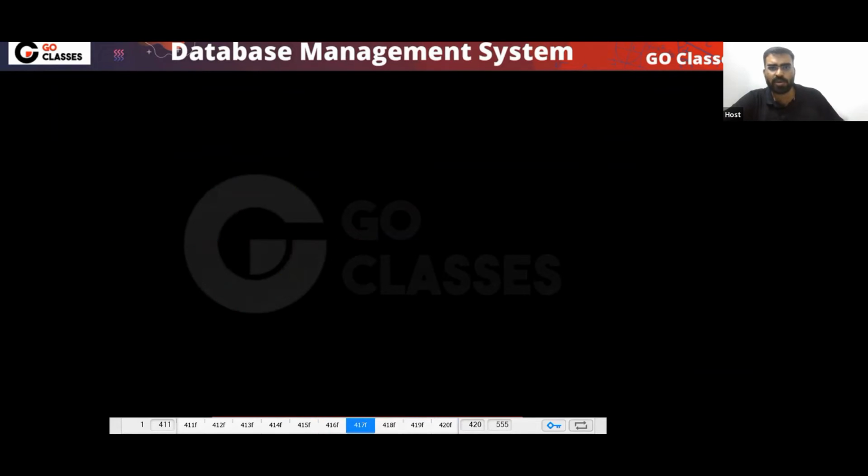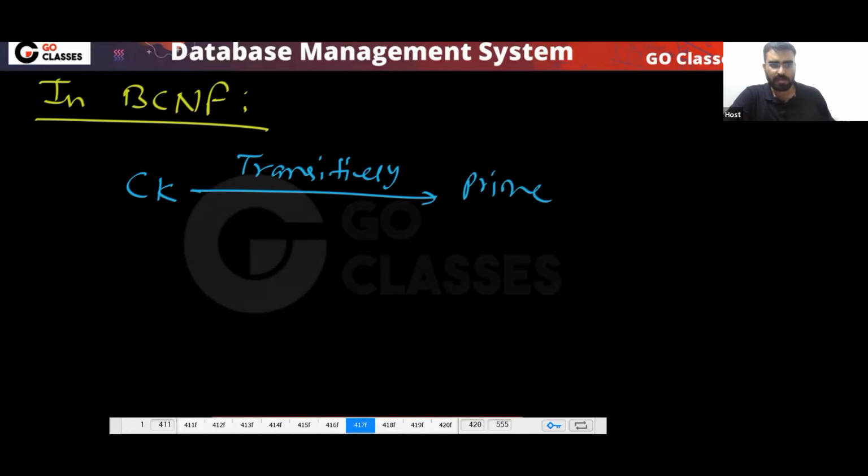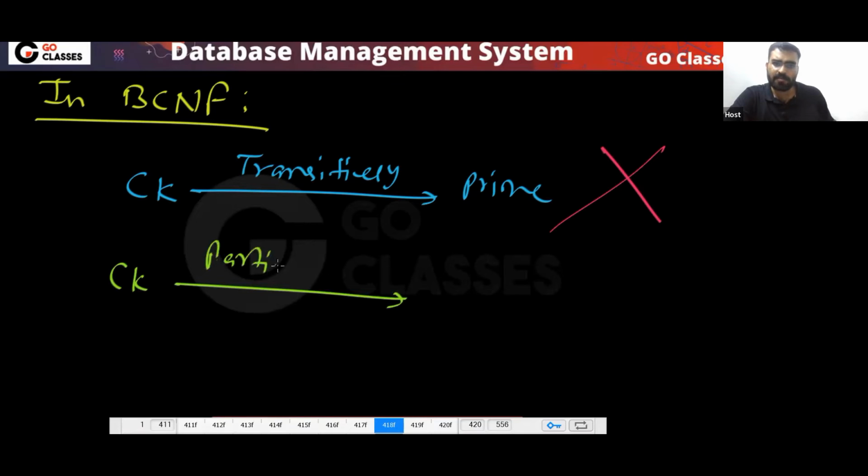So remember, in BCNF you cannot have this type. You cannot have any candidate key transitively determining prime or non-prime. One by one I am telling you: transitively determining prime, you cannot have. Similarly, a candidate key partially determining prime, this also you cannot have.